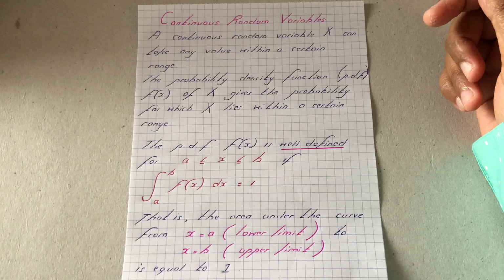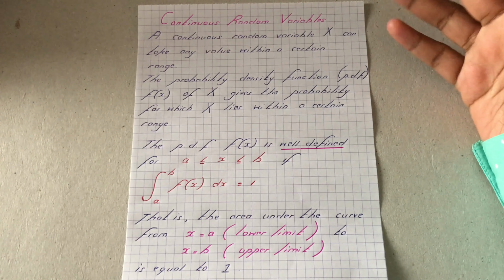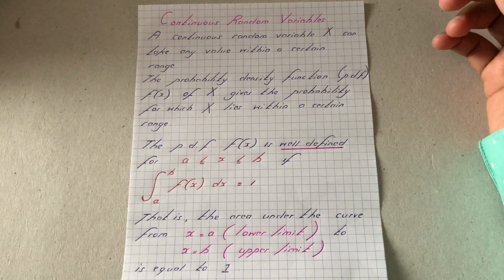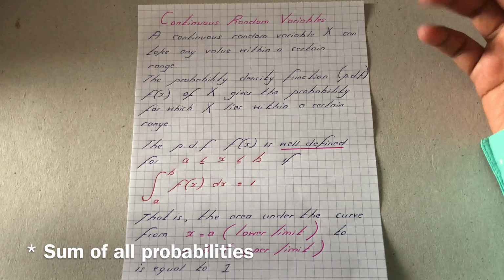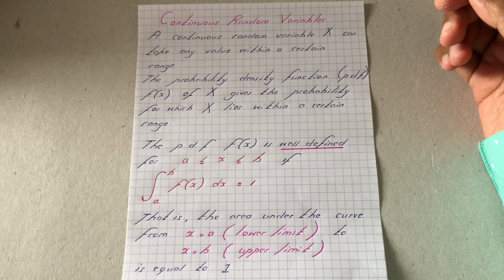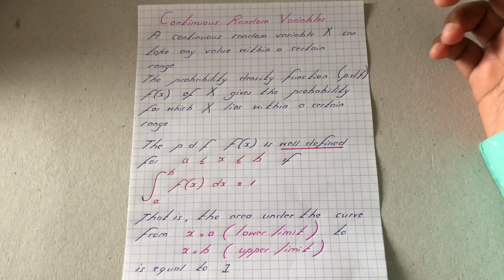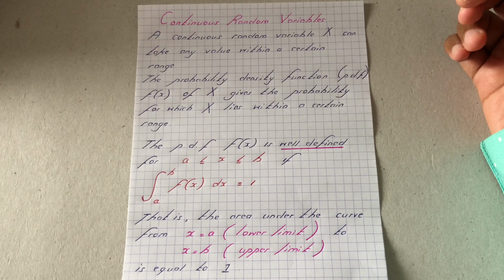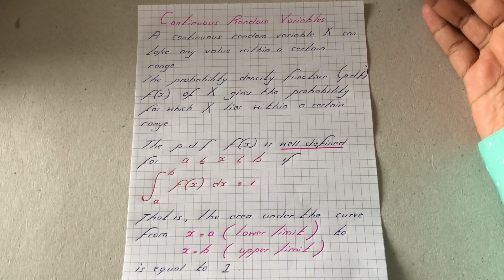When we did a discrete random variable, to check whether the random variable x is well defined, we took the summation of all x, p of x equal to 1. So here we are dealing with continuous random variables and we use integration to find probabilities. That is, we are finding the area under the curve from a lower limit a to an upper limit b. So if we integrate from lower limit to upper limit, we are going to get 1.